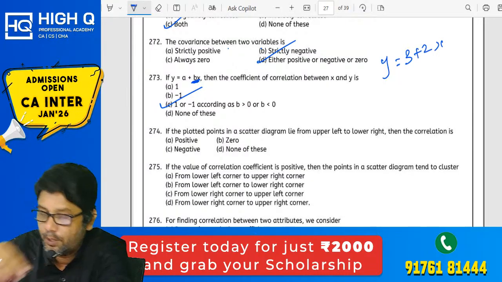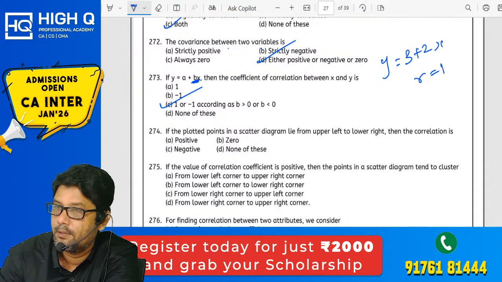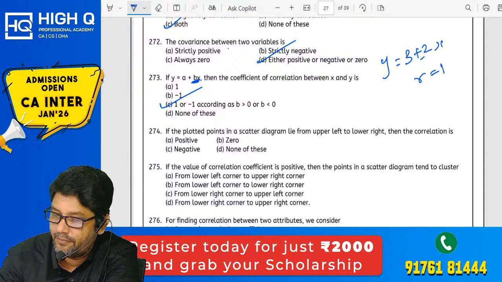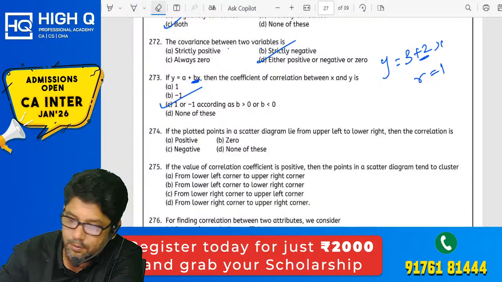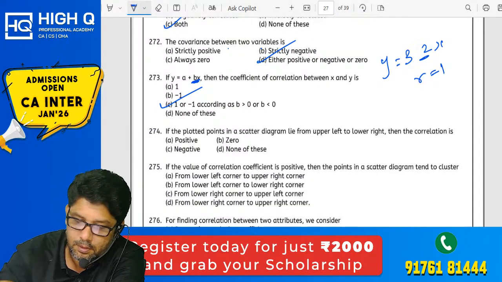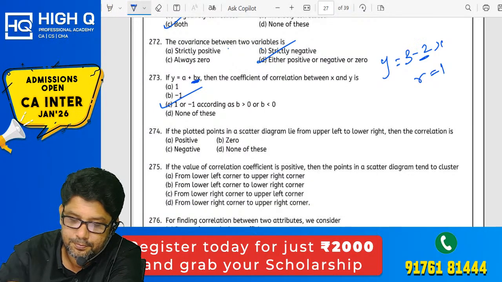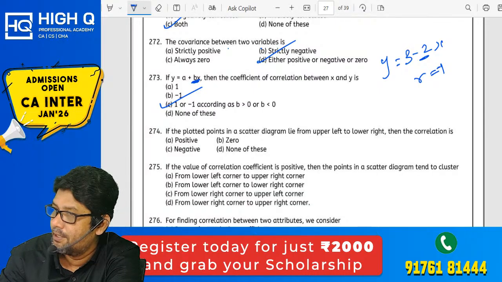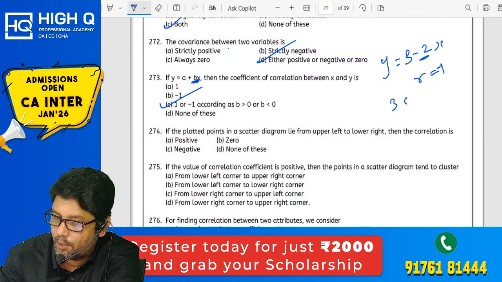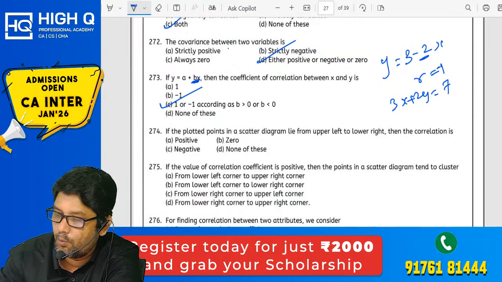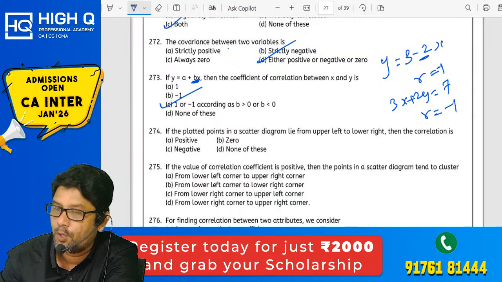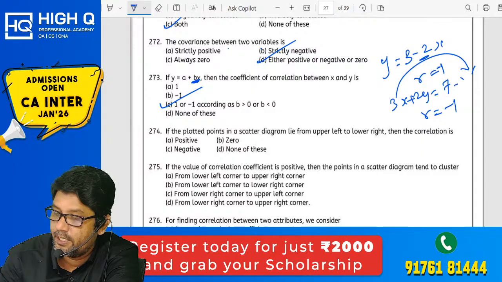What is r equal to? 1. Why? Sir, coefficient of x is positive, sir. Now, what is r equal to? Minus 1. Am I right, my dear? What is r equal to? Minus 1. What about this, 3x plus 2y is equal to 7? What is r equal to? Minus 1. Why, sir? If 3x goes to this side, it will become minus 3x.